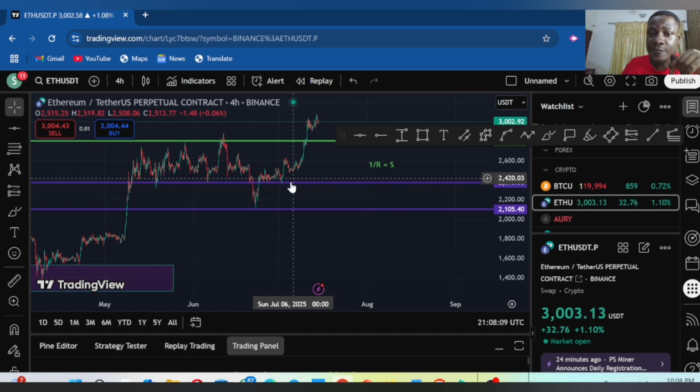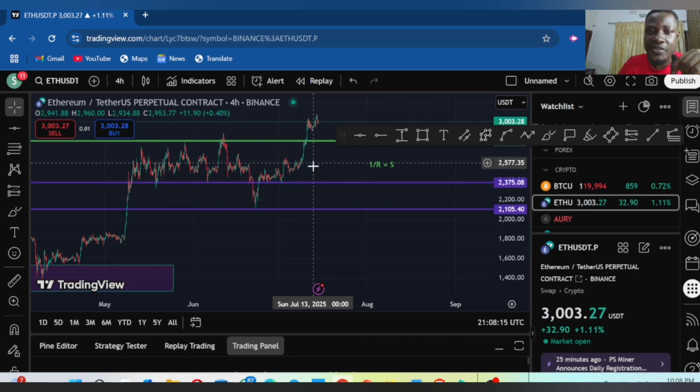As a resistance level to this level, before it went and broke above it and turned it into a support level. So this is resistance to this, and this is a support to this level. So this particular one is now standing as what? A resistance to this level. These are the things you should understand about this market.